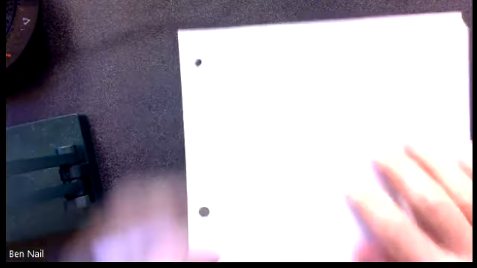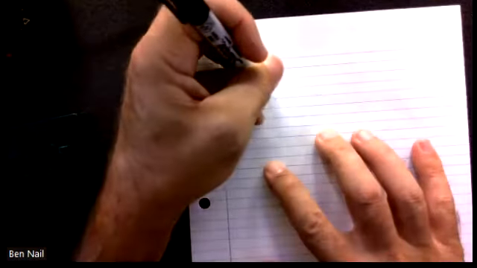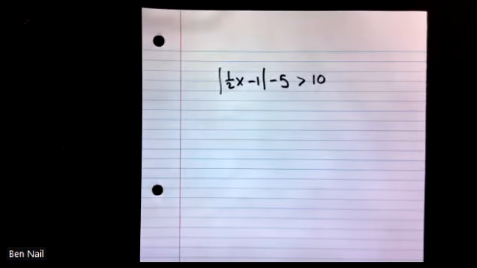So if we do something just a little more complicated, okay, 1/2 absolute value of 1/2 x minus 1 minus 5 is greater than 10.